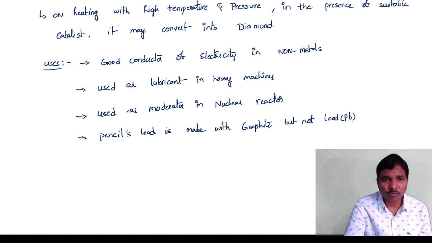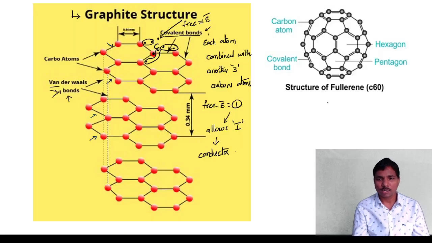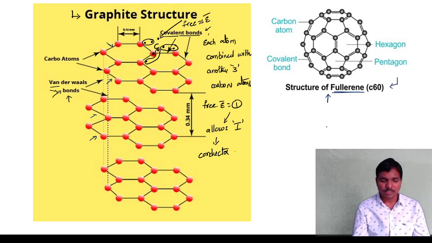After graphite, we are going to discuss another allotrope of carbon, that is Buckminster fullerene. You can say it is C60. Okay, here what is happening?